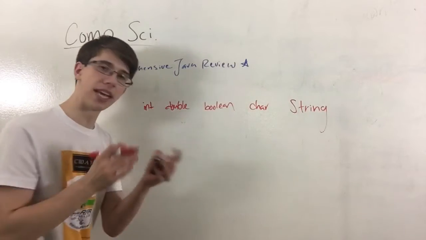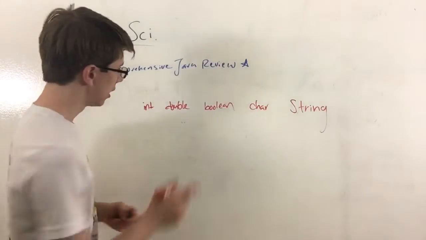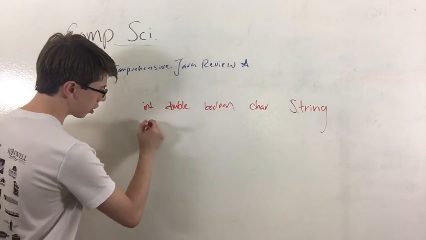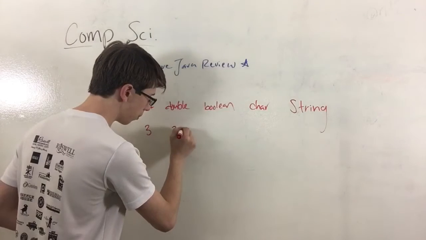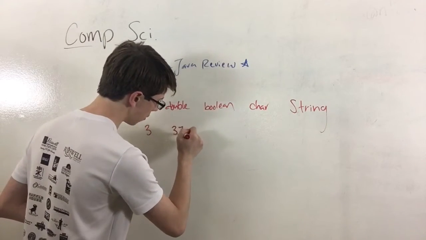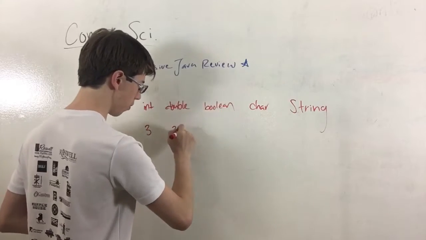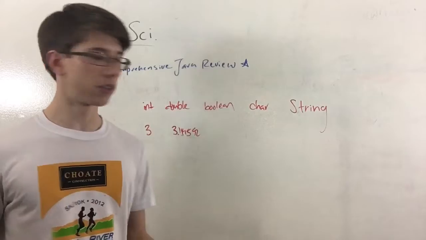A double takes up double the amount of memory space as an integer. An example of an integer would be 3, but in a double, that 3 would be 3.0. Or you could assign it a value of 3.7, or 3.14159265358979323, and so on.